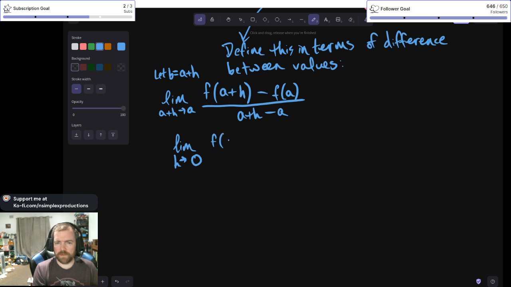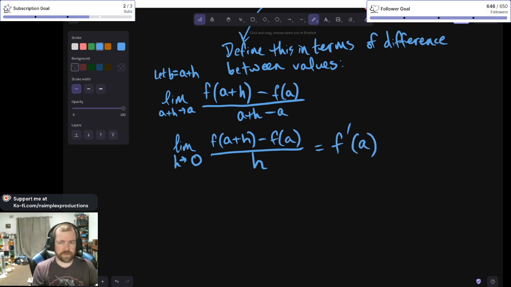So here, f of A plus H minus f at A all over just H is going to be equal to, again, f prime, the derivative of f at A specifically.